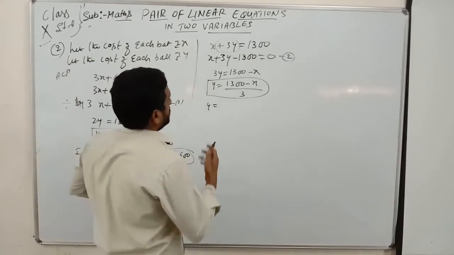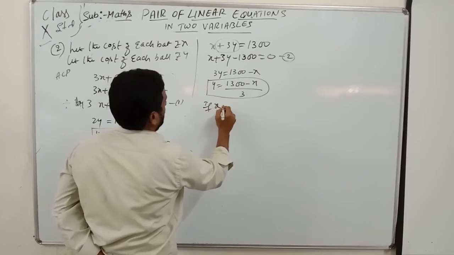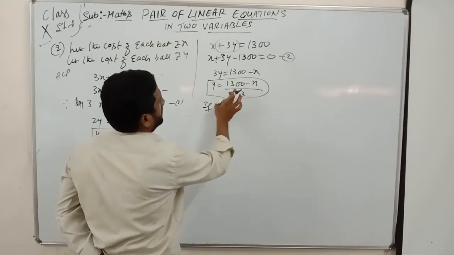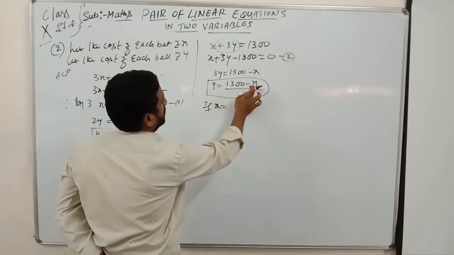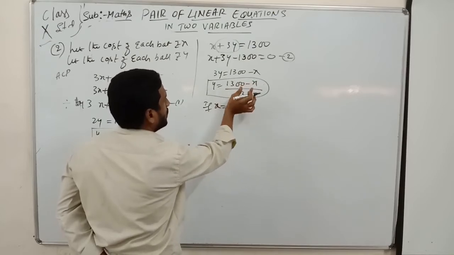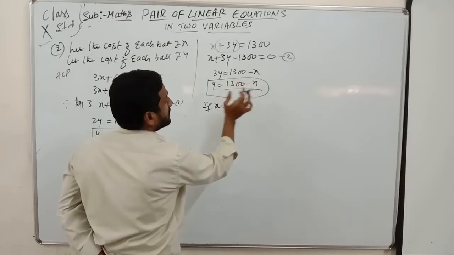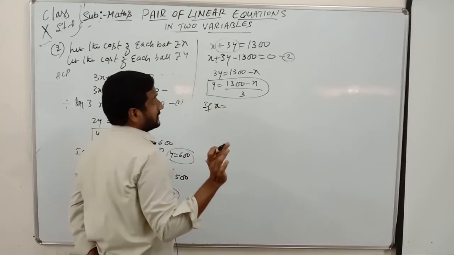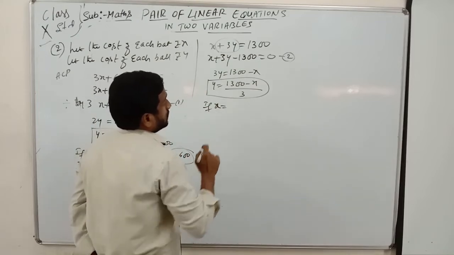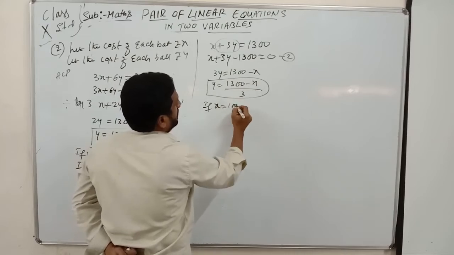Then what is the x value here? If you take an x value, then 1300 minus that value should give a number that is easily cancelled by the 3. Such a number you can select here. So if you take 100 here, the x value can be 100. Why?